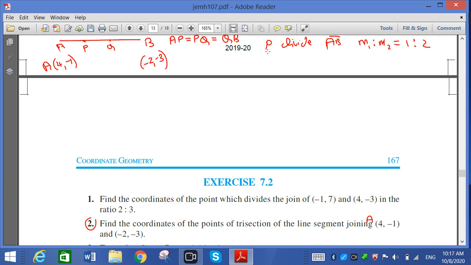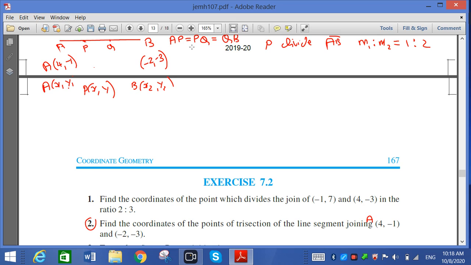To find out the coordinate of P, AB is divided internally by P in the ratio 1:2. Here for A I write x1, y1, for B, x2, y2. And P, that is x comma y, is the coordinate of P.